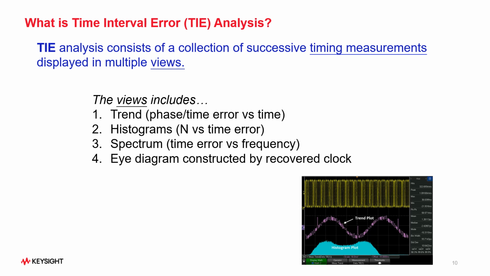For debugging and time correlating specific timing errors back to the data or clock signal, the trend view can be a very powerful display tool to find the sources of real-time jitter. The trend view plots successive timing measurement results on the vertical axis with the horizontal axis linked to the oscilloscope's time base. In other words, it's time versus time.